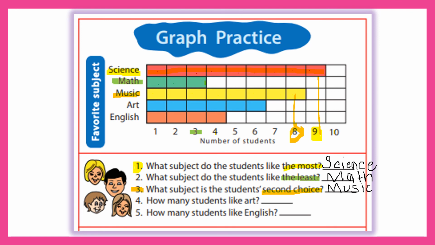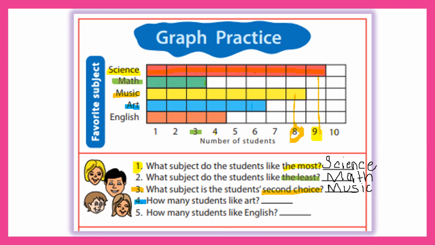And now let's move on to number 4. Number 4 says, how many students like art? Well, that's easy peasy, right? So we come up to art, which is right here, and you count. Count your boxes. See how far your boxes go.